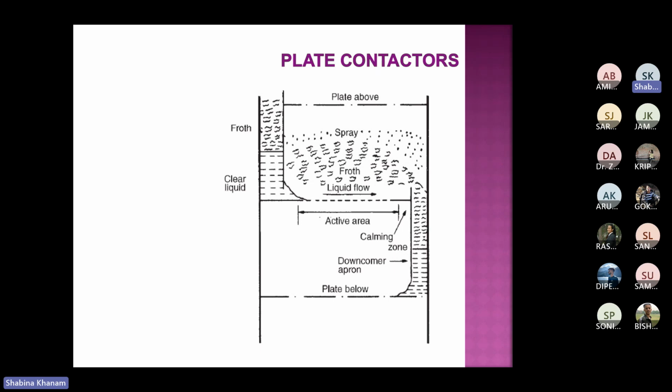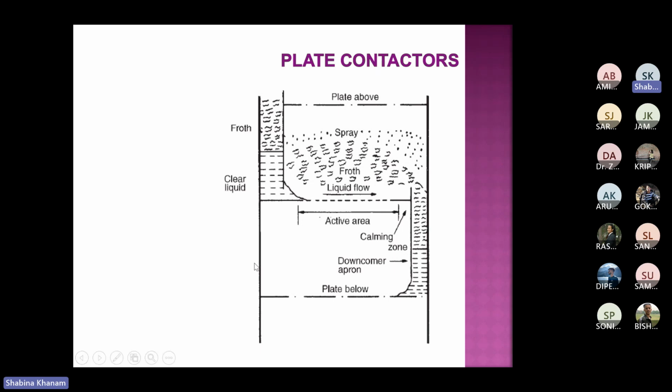So the maximum velocity of the vapor can be fixed by the flooding condition, and the minimum velocity can be fixed by the weeping condition. All these conditions we need to check when we are going to design a single plate.